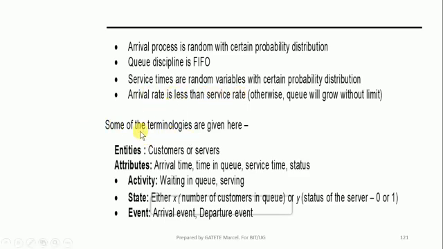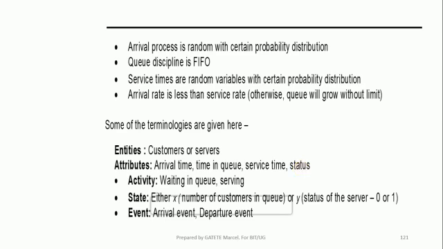So what are the terminologies we can use? We can have entities. Entities are the main characters of the queuing system, which are the customer and the server. The attributes are the arrival time, the time of arrival of customers, the time spent in the queue, the service time, or the status of the server, and so on.